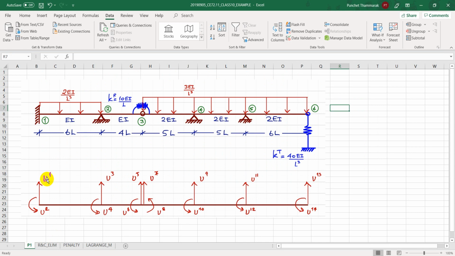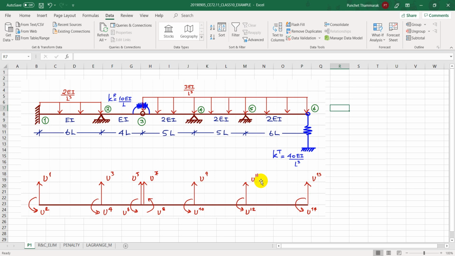U1 equals 0, U2 0, U3 0, U9 0, U11 0. So 1, 2, 3, 4, 5 equations that describe the support fixity, 5 additional rows and columns, and one more equation that takes care of the hinge.